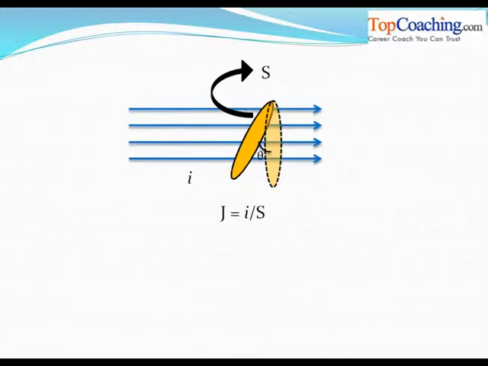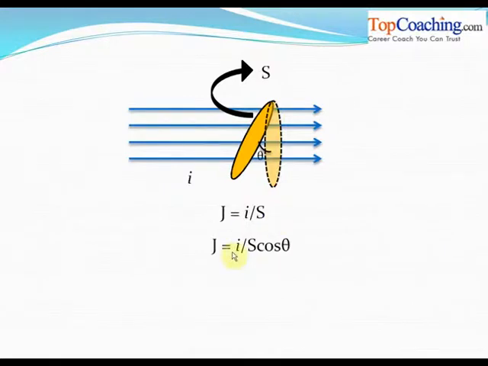In this case, you will have to take the component of the area in the direction perpendicular to the electric current. Understood? So for example, S here is like this, and the component of S in the direction perpendicular to the electric current is S cos theta, isn't it? So J will be I by S cos theta. It won't be I by S always.